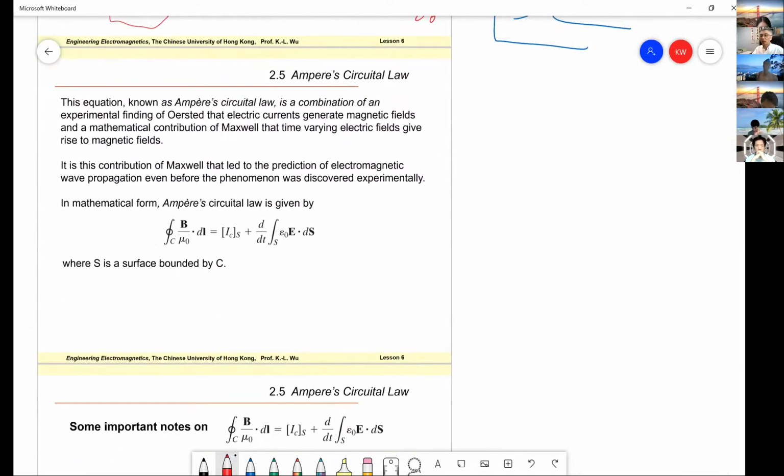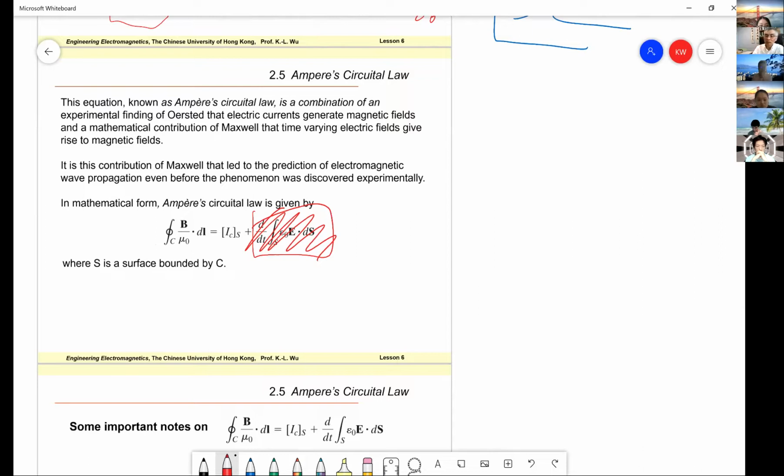Let's talk about Ohm's law. This becomes a little bit more complex right now. Before we look at this, actually, this equation is what we learned in high school.